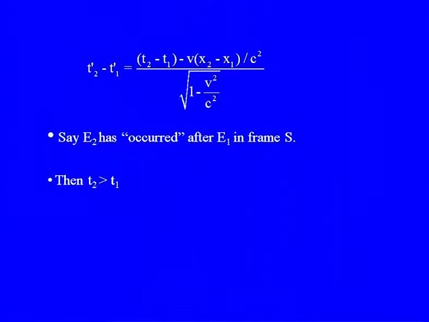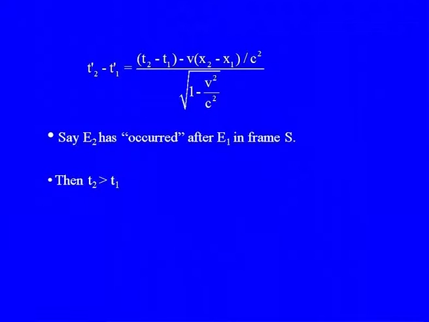For that, we again look at the difference of times as measured in the S and S prime frames. The difference in the S prime frame is t2 prime minus t1 prime, which is the difference of time measured in the S frame minus v into (x2 minus x1), the positions measured in the S frame, by c square, with the usual factor root over of 1 minus v square by c square in the denominator.